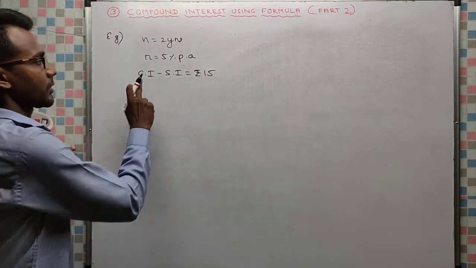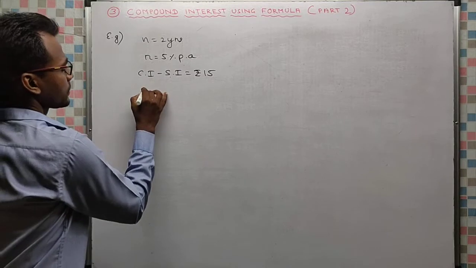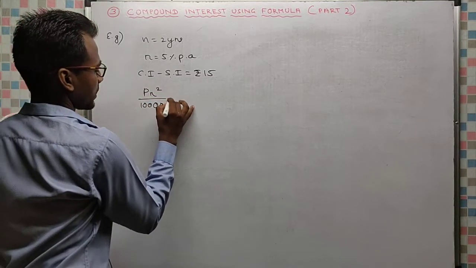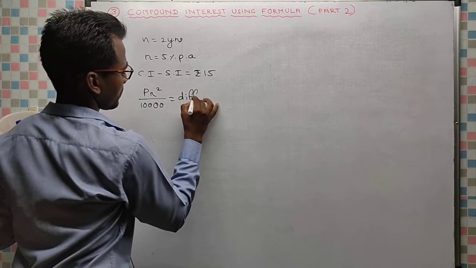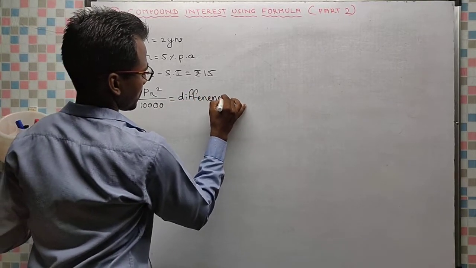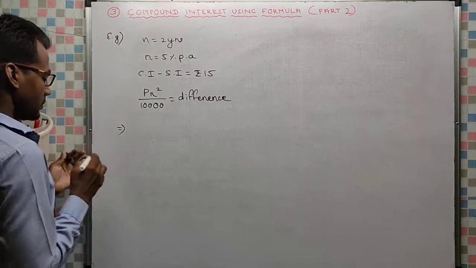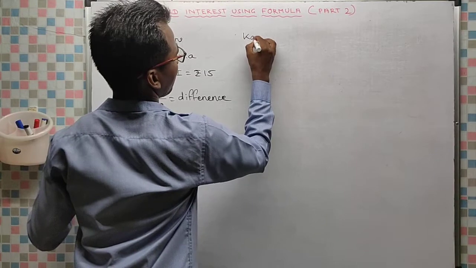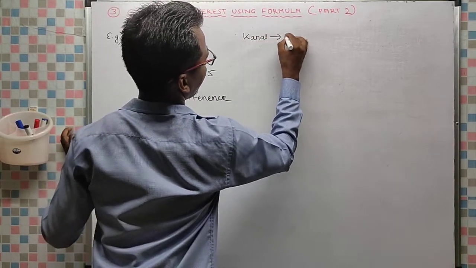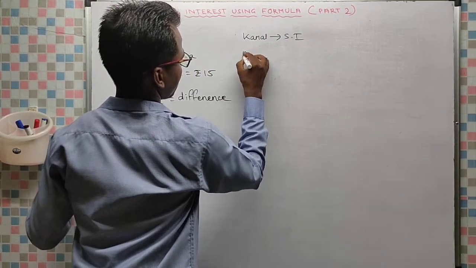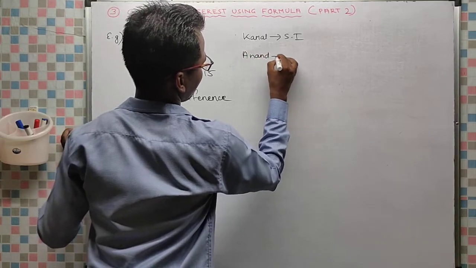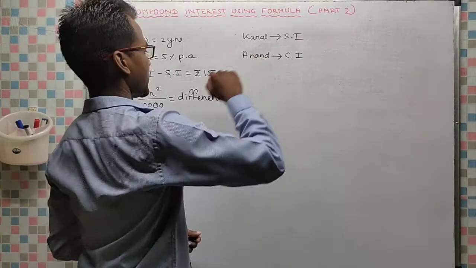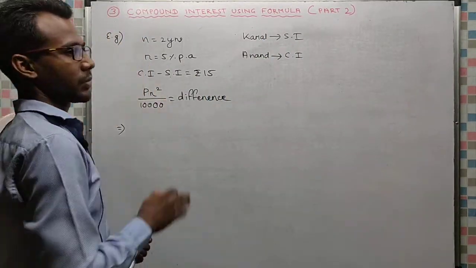Since time is 2 years and the difference between CI and SI is given, we can use the formula P r square by 10,000 is equal to the difference. Kamal gets simple interest and Anand compound interest. CI minus SI is 15 rupees, Anand has got 15 rupees more.